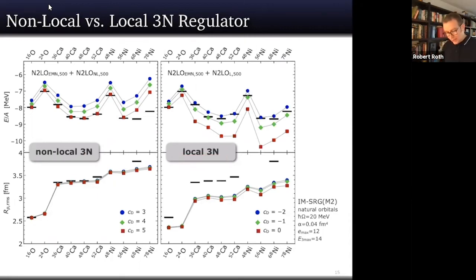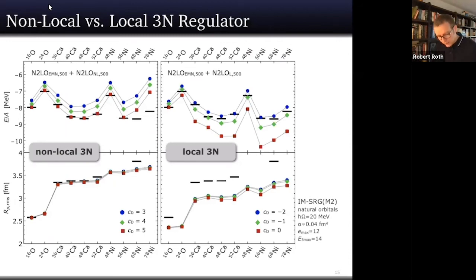And actually, you can try to now play the same game with a local 3-nucleon force. So I use N2LO now only to be consistent in the orders. And I combine my non-local 2-body force with a local 3-body force and do the same game, fixing the oxygen-16 ground state energy. And you see it doesn't work.